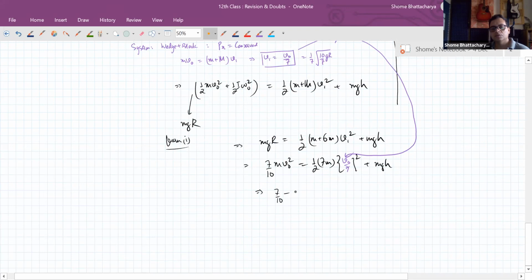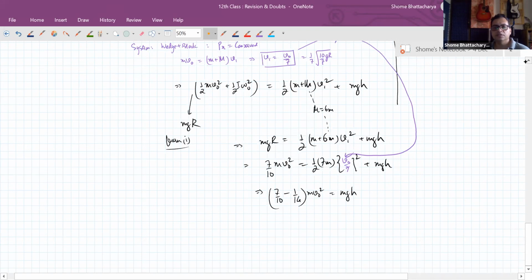So this will become how much now? 1 by 14, is it? You're replacing capital M with 6 times small m here, and you're replacing v1 with this.